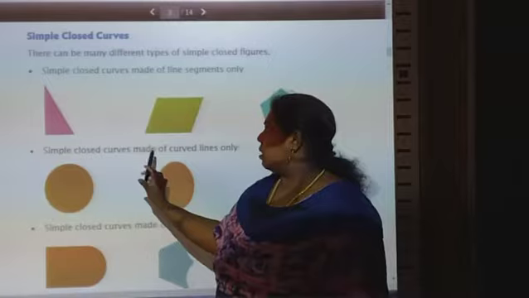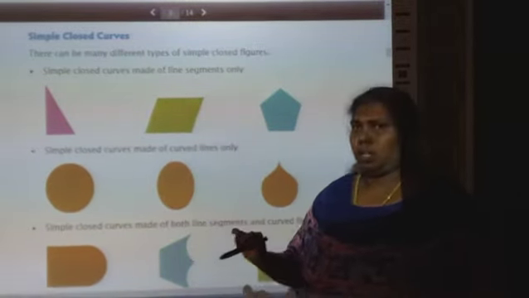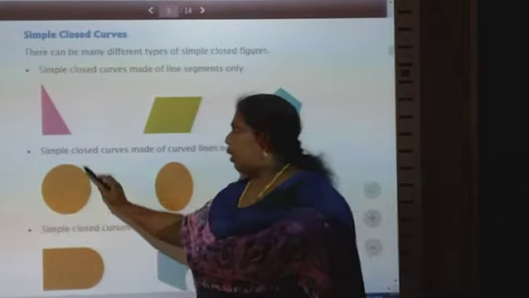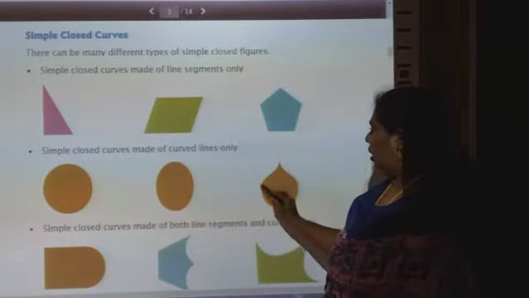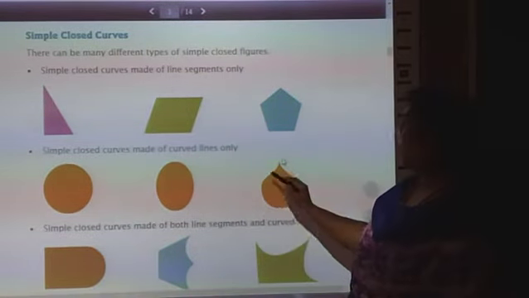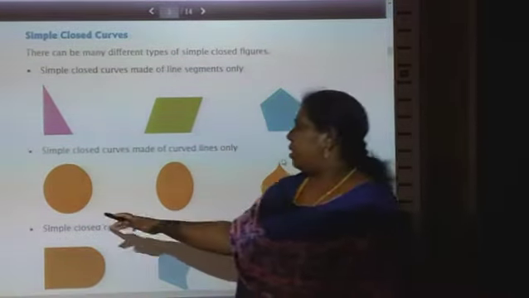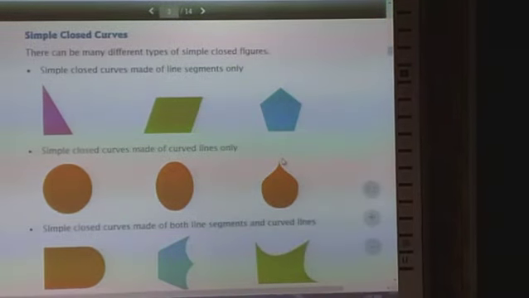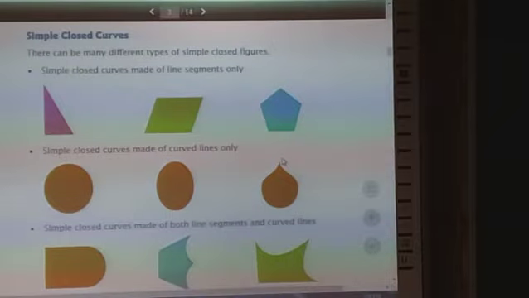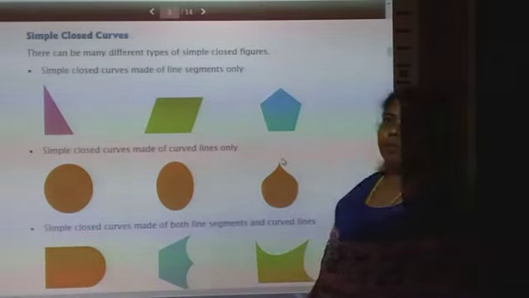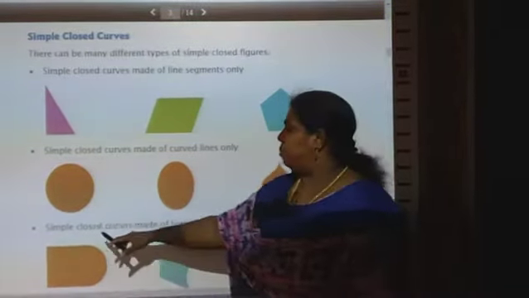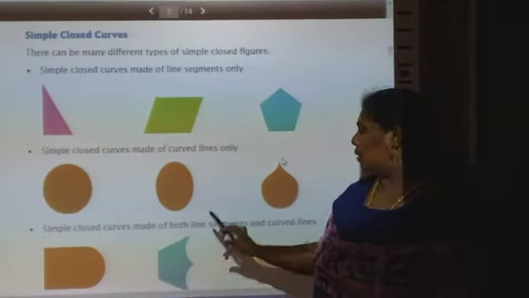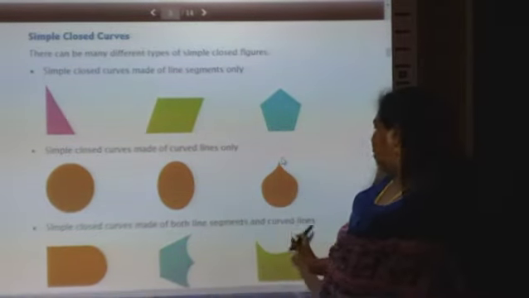Simple closed curves made up of curved lines only. Here you cannot see the line segment, only curved lines. Understand? Here is a simple closed curve. Here are simple closed curves made of both line segments and curved lines.